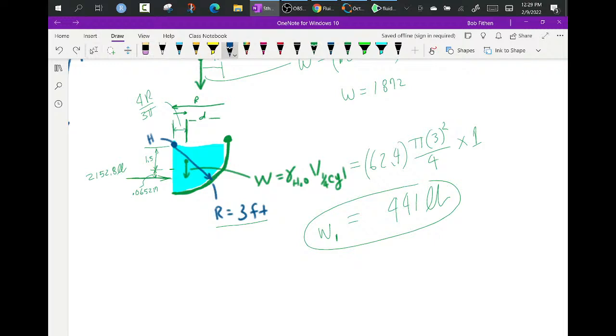Let's start summing the moments about the hinge here equal to 0. In other words, do I have to supply a twist in order to keep this thing sitting, or will it naturally drop? Now we have to assume the green gate weighs nothing.